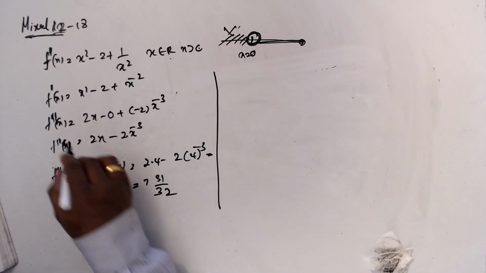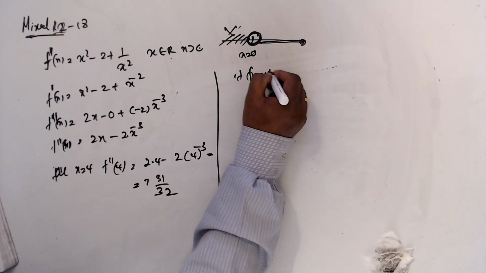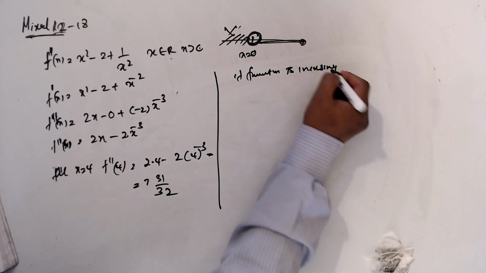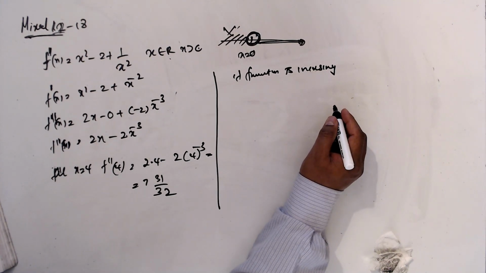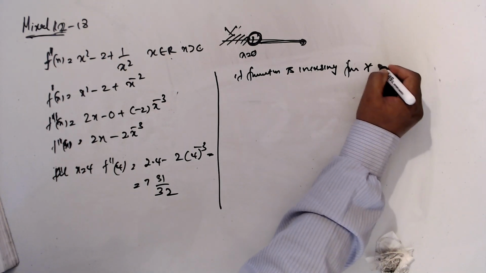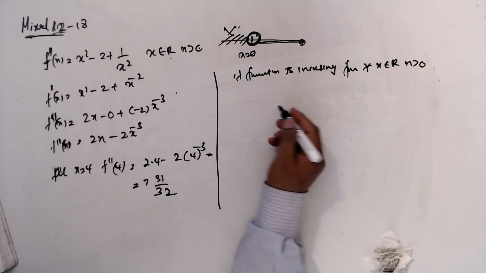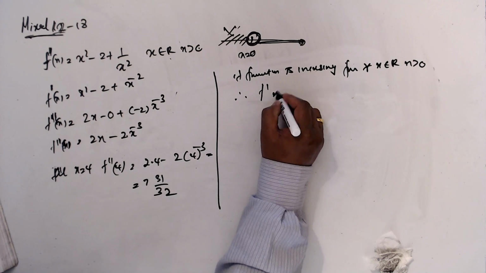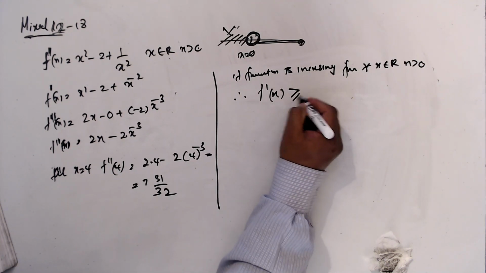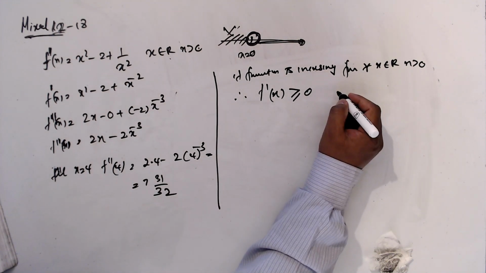Now we want to show that the function is increasing. If the function is increasing for all x, element of R, x greater than 0, so this is the interval, then f dash x is greater than or equal to 0 in this interval.